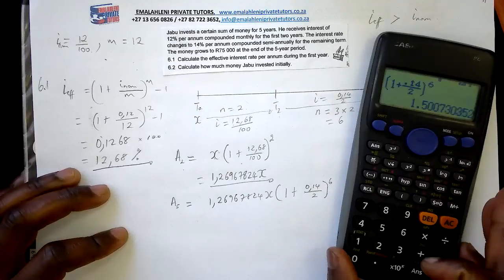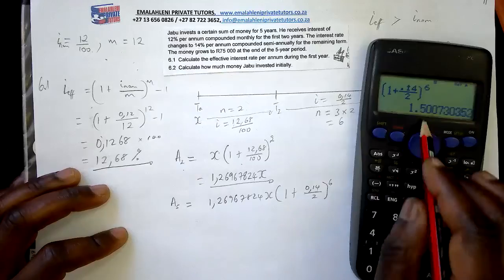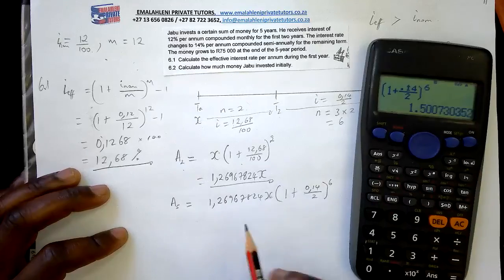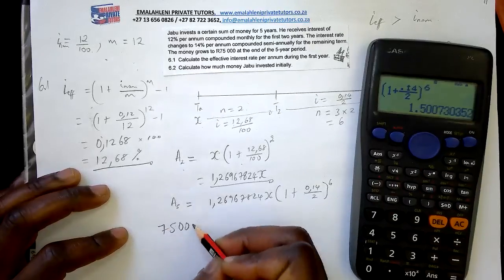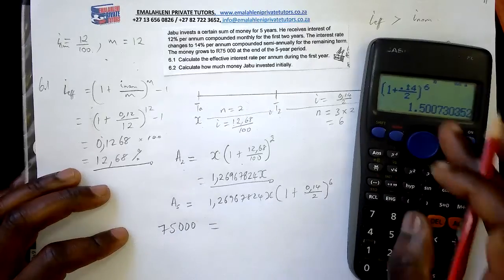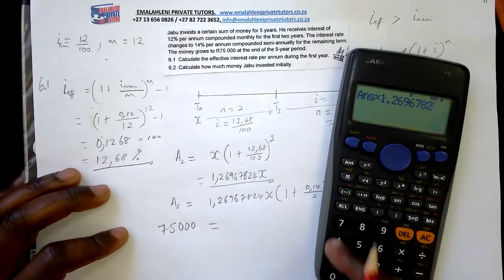We get 1,50, this one. So we multiply this amount here with this amount that we have, so that we can say 75,000 is equal to, then let's see here, we multiply it by 1,269,67824. What do we get?